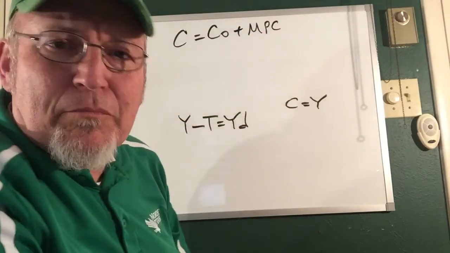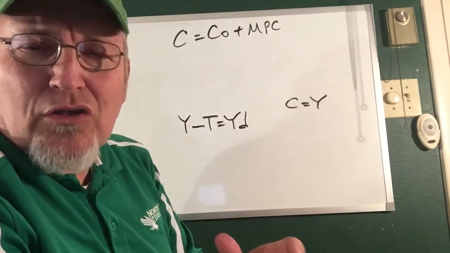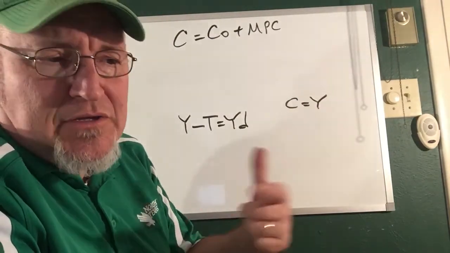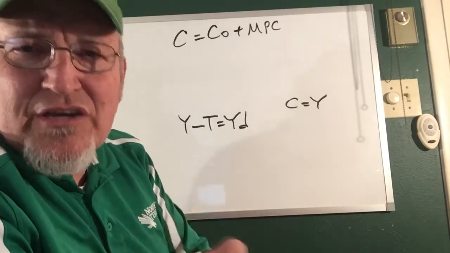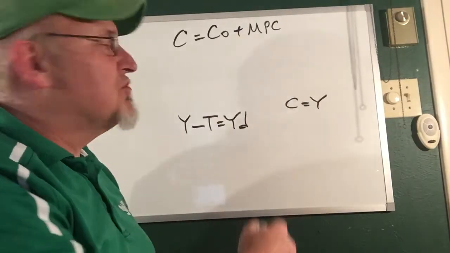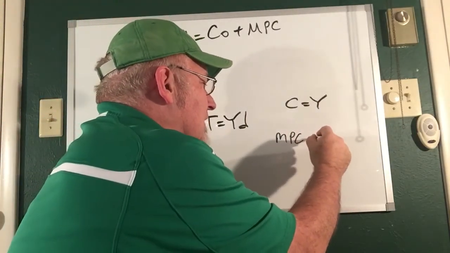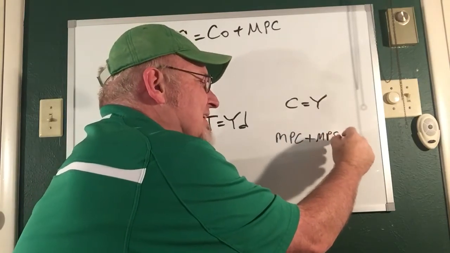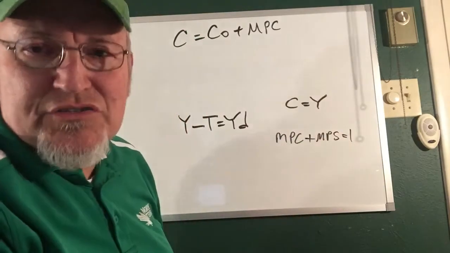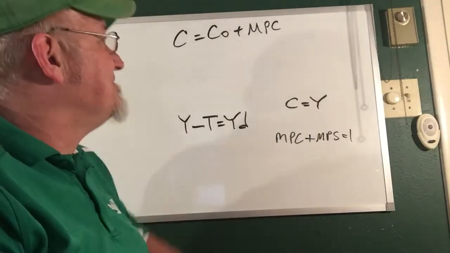There's a marginal propensity to consume. That's basically for every dollar that is gained, what percentage of that dollar is consumed. The best way to understand marginal propensity to consume is that the marginal propensity to consume plus the marginal propensity to save always equals one.